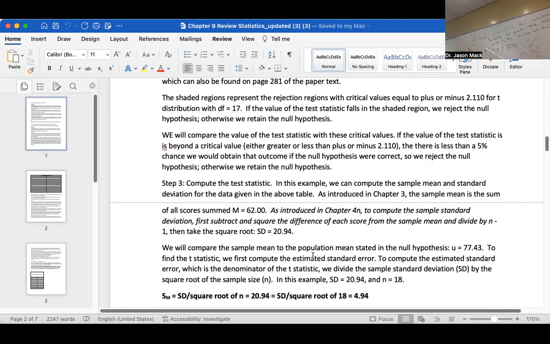Makes sense? As introduced in chapter 4, to compute the sample standard deviation, first subtract the sample mean from each score and square the difference, then divide by n minus 1 and take the square root, which is equal to 20.94. So I saved you some time and some steps.